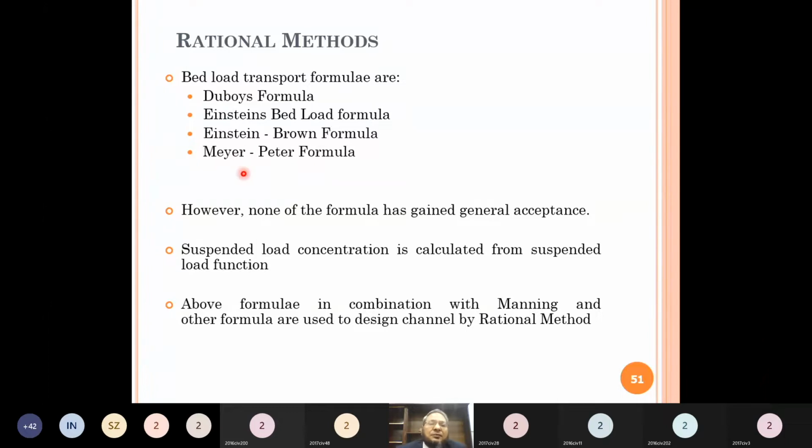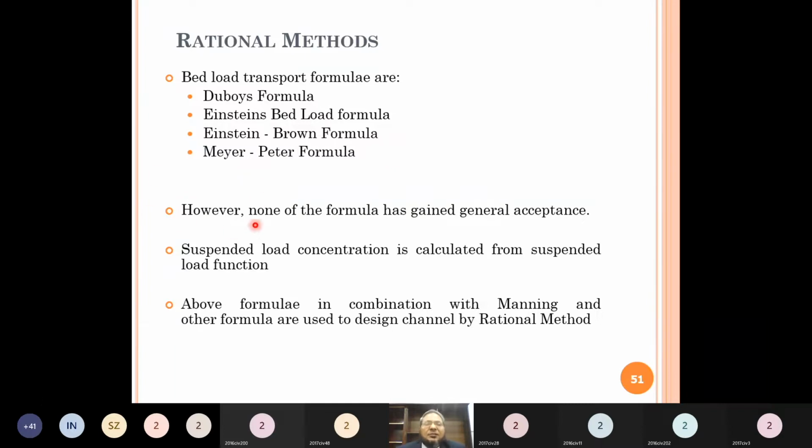But these four I have mentioned here, which are very common and widely used to compute the bed load transport rate in channels. The first one is Du Boys' formula. The second is Einstein's bed load formula. The third is Einstein-Brown formula. And the fourth is Meyer-Peter and Müller formula.